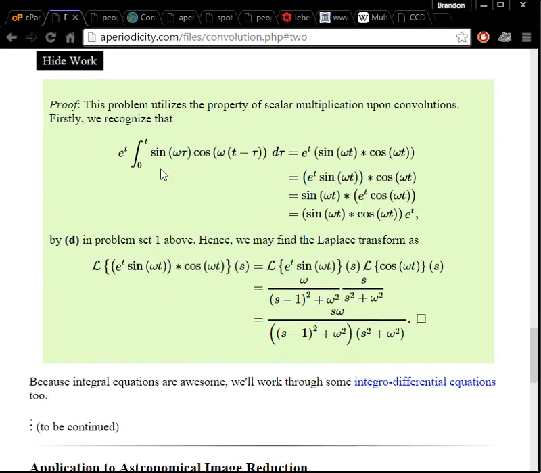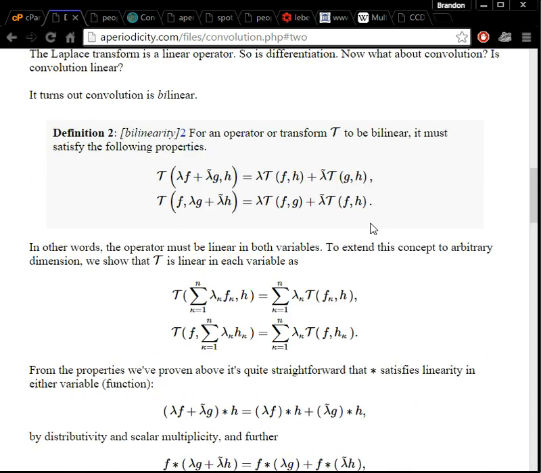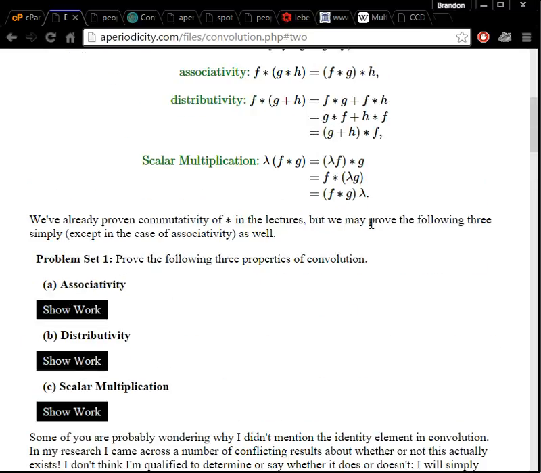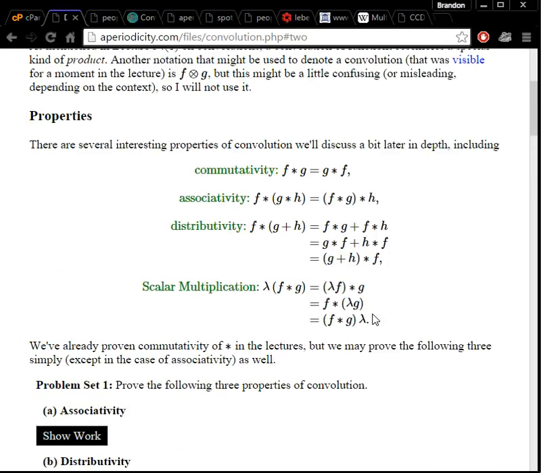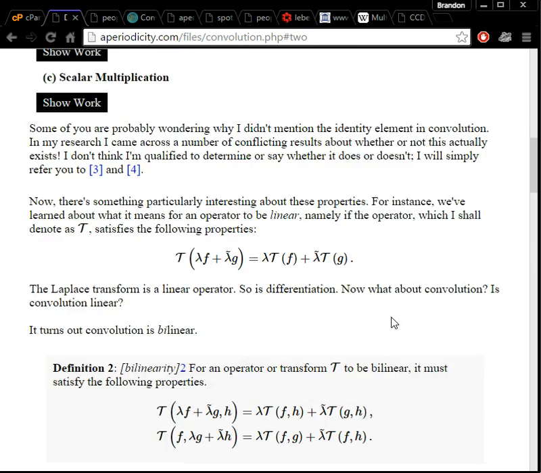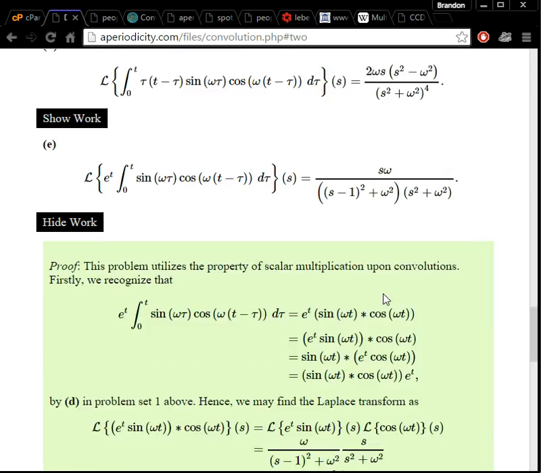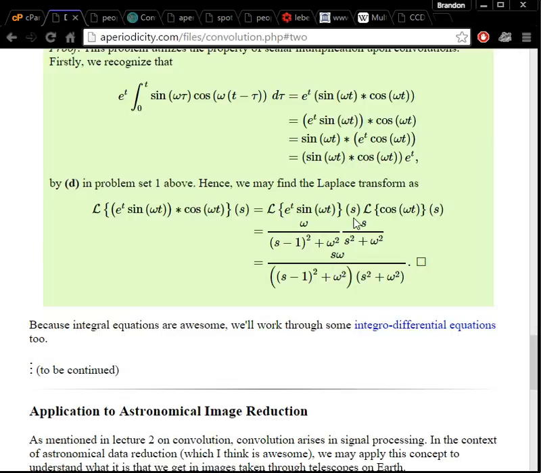So first off, for this integral, we can recognize this as a convolution, but by the scalar multiplication property of convolution integrals, we can pull the e to the t into one or the other.